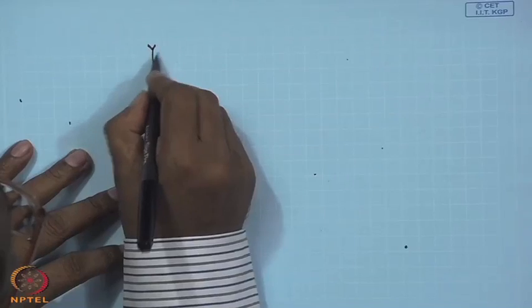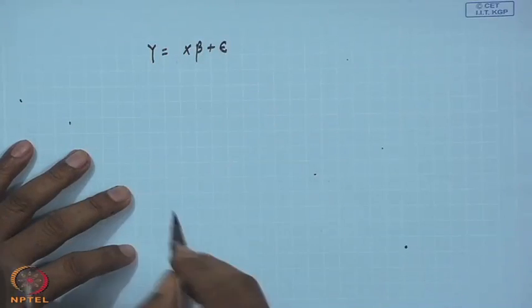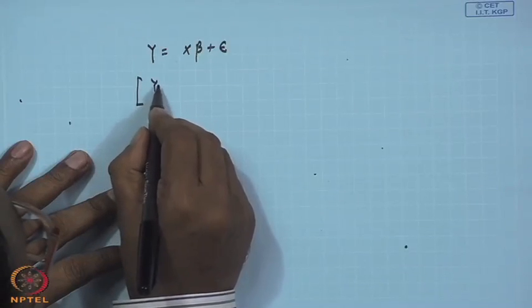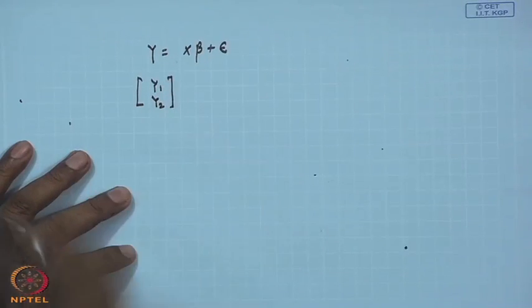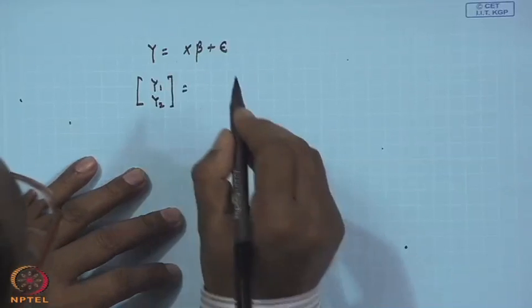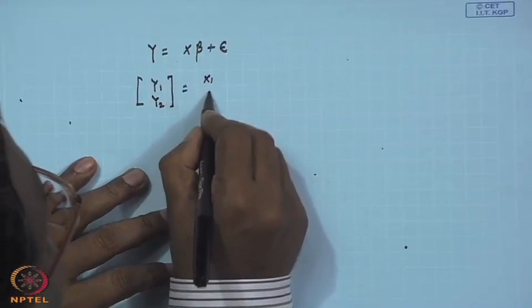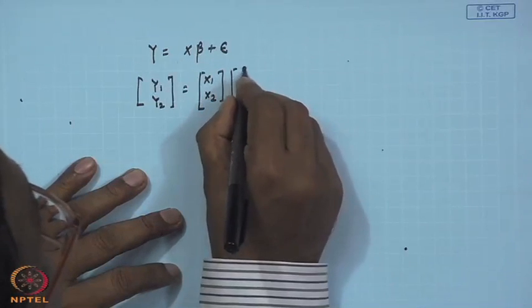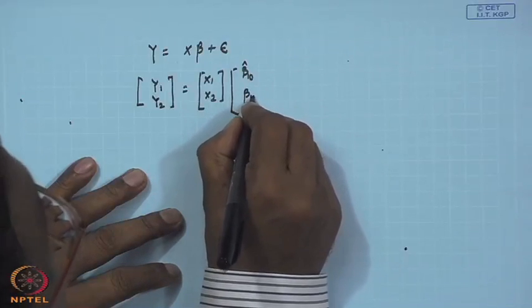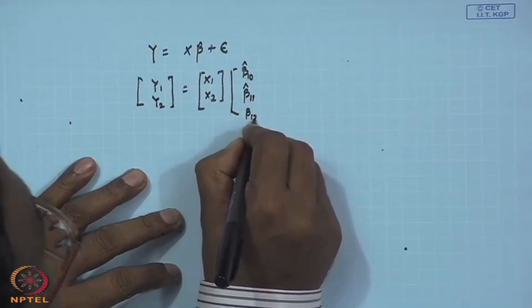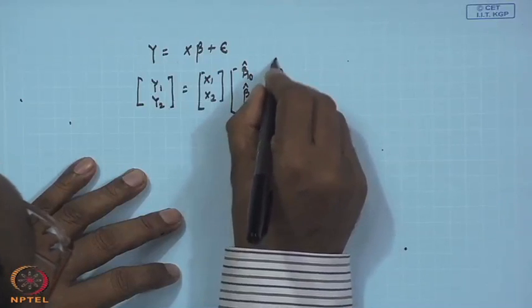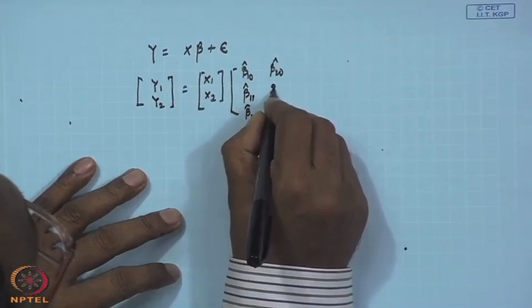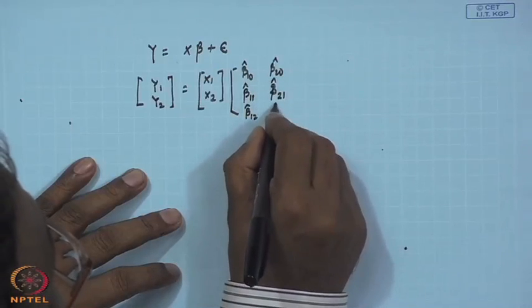You got two equations. If I go by the logic that Y is X beta plus epsilon, where Y is here y1, y2, and X is here x1 and x2, and beta is here beta 1 0, beta 1 1 cap, beta 1 2 cap, then beta 2 0, beta 2 1 cap, and beta 2 2 cap.